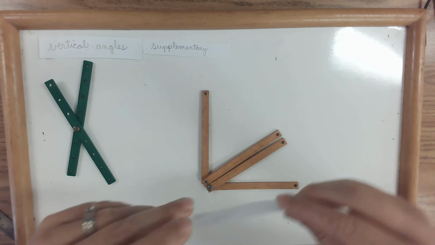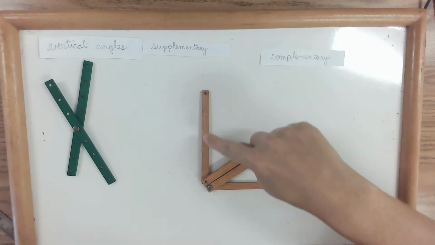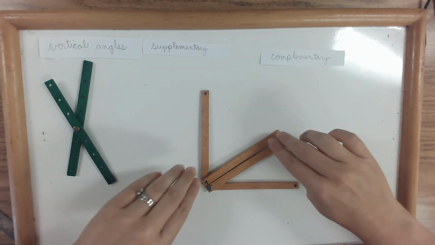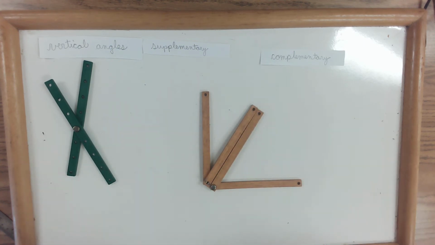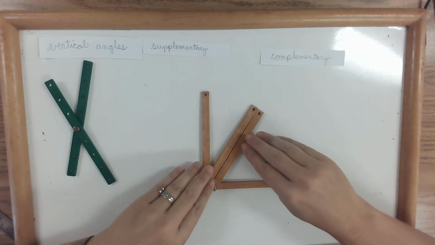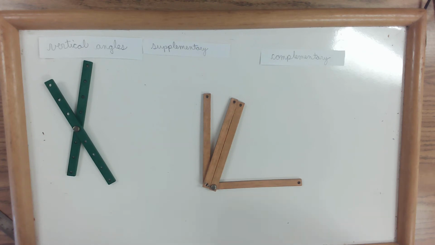That is called complementary angles. Now, one thing to notice about a complementary angle, if a right angle is 90 degrees, you have to have two acute angles. You can't have any obtuse angles, because obtuse angles are bigger than 90 degrees. But again, all of these would count as complementary angles.